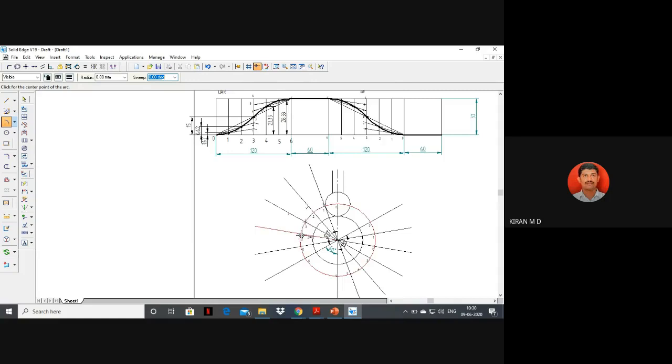Next is 23.33. Next is another one, and the last is 30 mm.